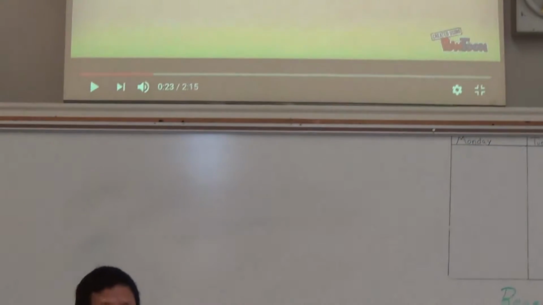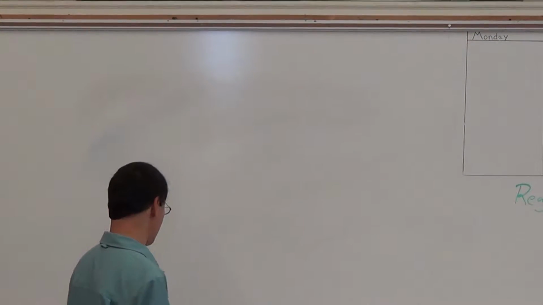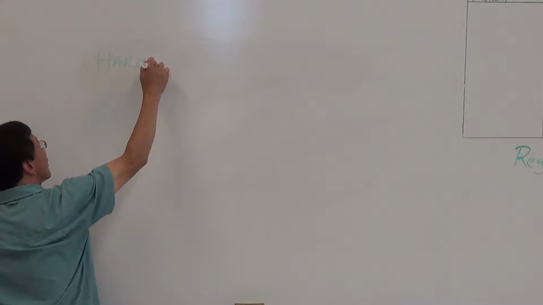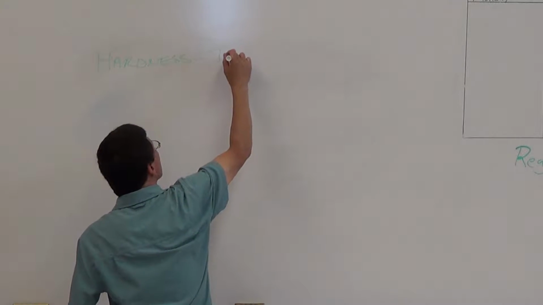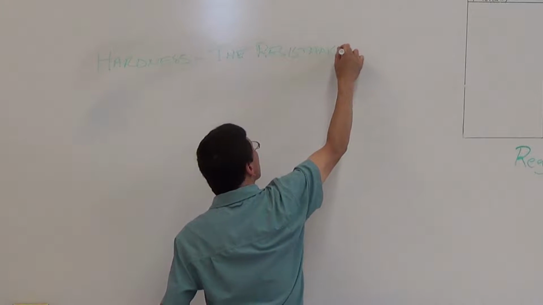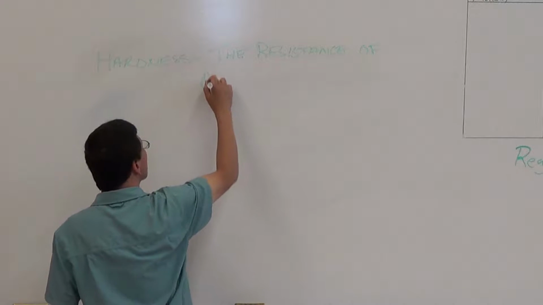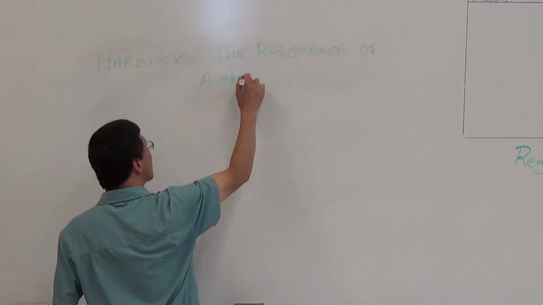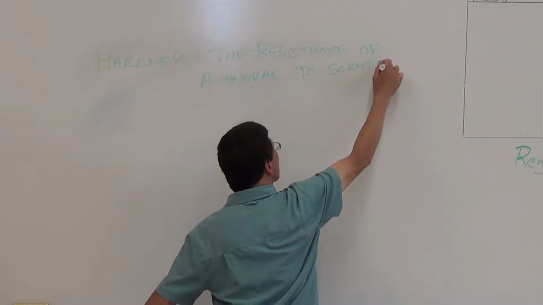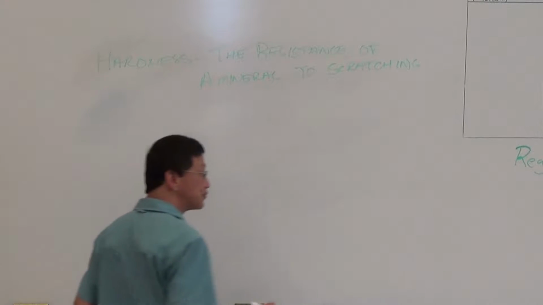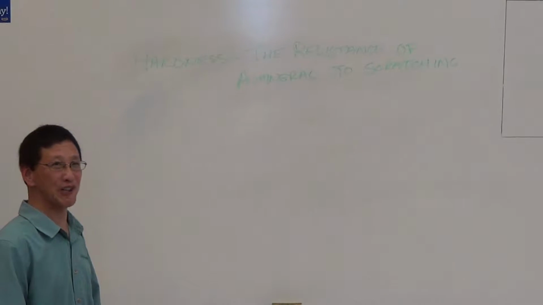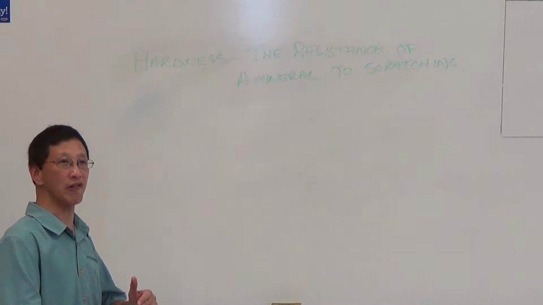Hardness is the resistance of a mineral to scratching. Conversely, it also could be the ability of a mineral to scratch another mineral.